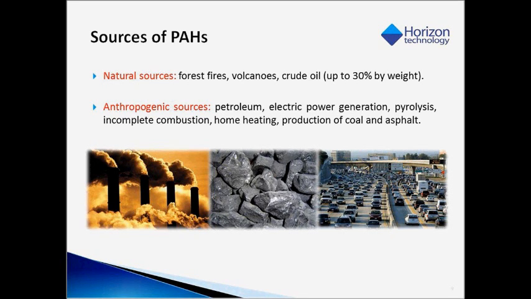The major route of exposure to PAH is from breathing indoor and outdoor air that is polluted, but these PAH will also find their way into our water and soil, which can contain a non-negligible amount of PAH.